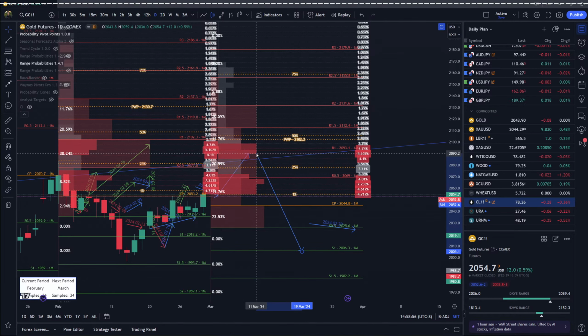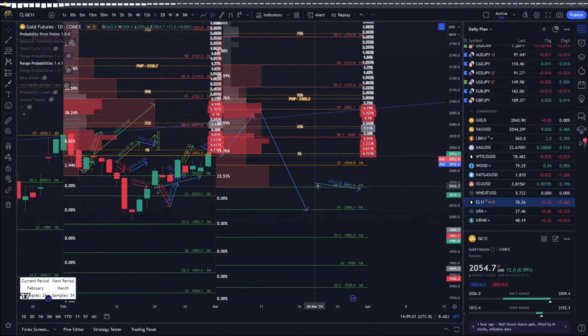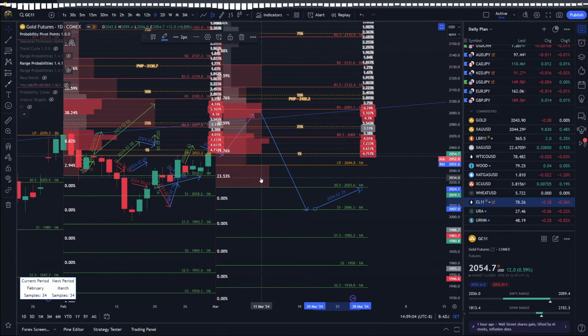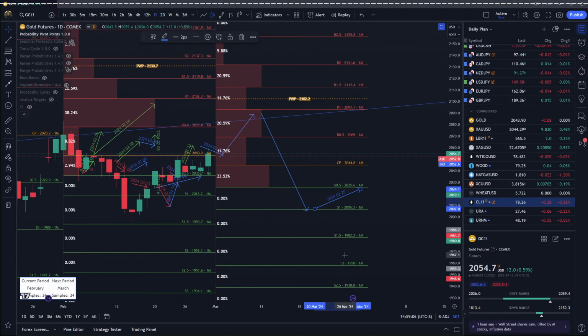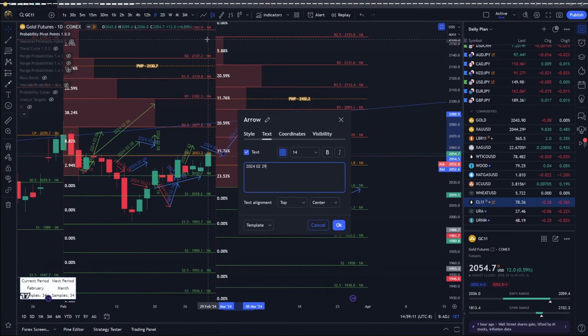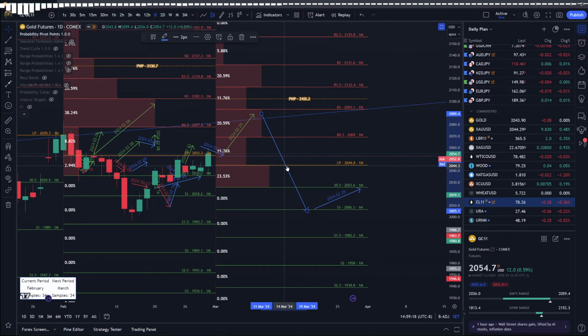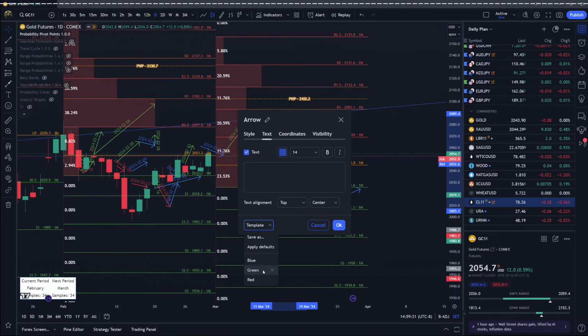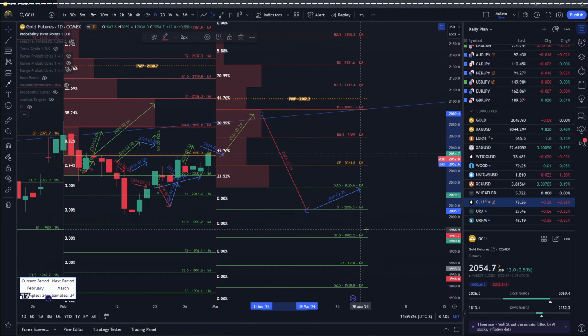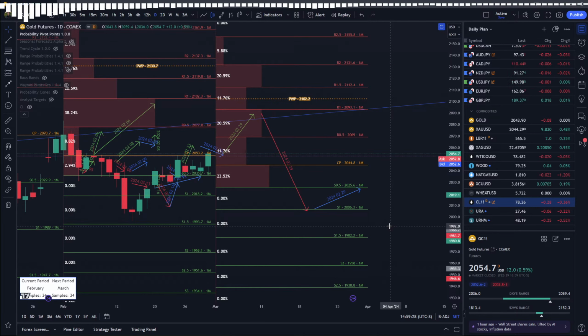That'd be quite a volatile swing here for the monthly expectations. That'd be quite a swing for the month if gold actually forms like, wow. Well, we'll certainly be following up on this expectation as we go out through the month.